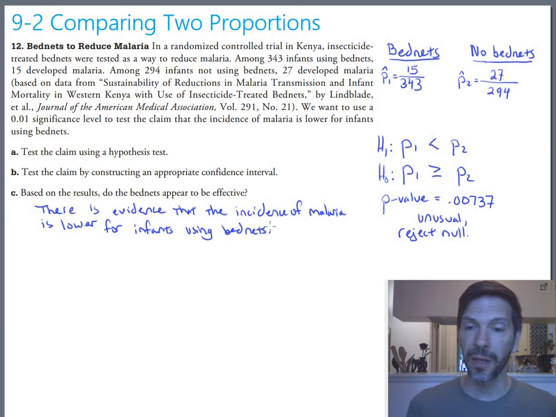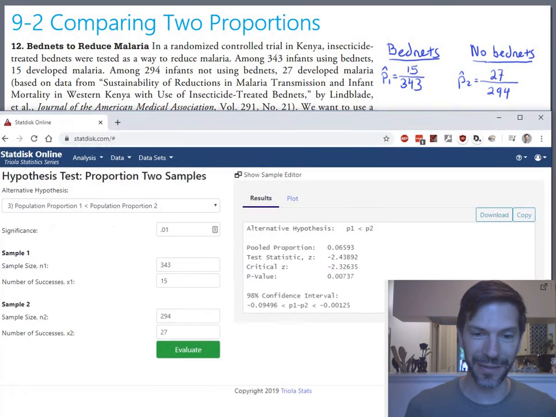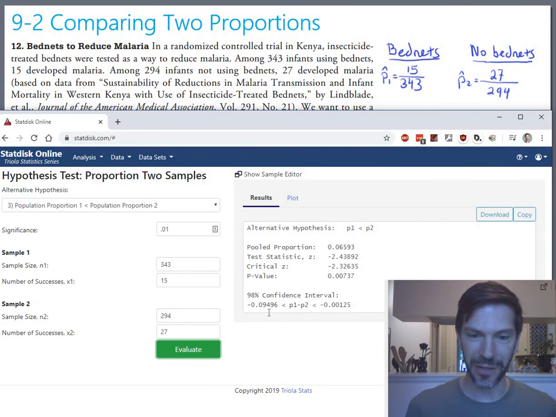Okay. Let's go ahead and take a look at the appropriate confidence interval too, which is already sitting right there on StatDisk. So the confidence interval is essentially, let's see, about -9% to -0.1%. Let me jot that down. -0.09496.